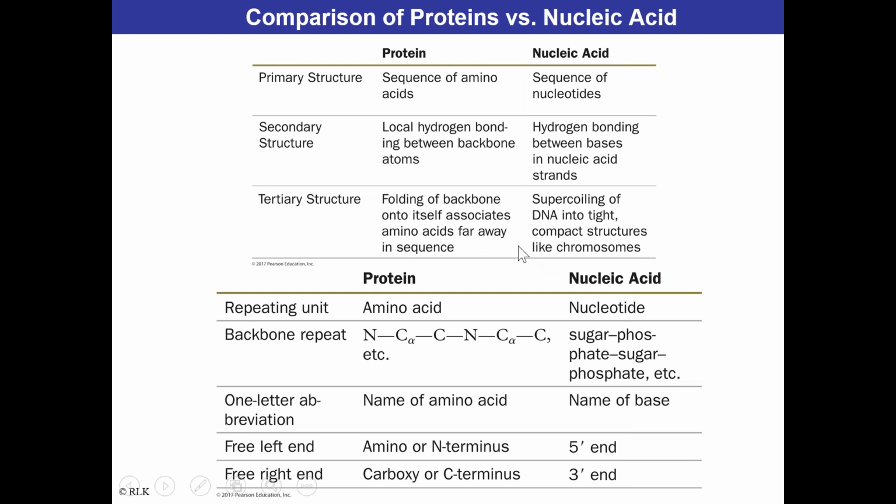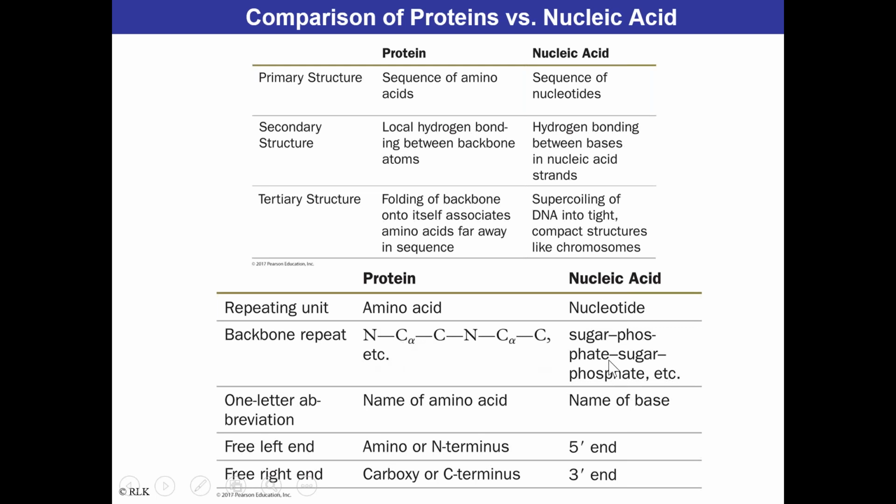If you want further differentiation or similarity between the proteins and the nucleic acids, and they should be quite similar because you can't get the proteins without the nucleic acids, then you're going to see that the repeating unit of the protein is the amino acid. For the nucleic acids, whether it's RNA or DNA, it's the nucleotides, okay? The backbone repeat is the nitrogen and carboxylic groups, right?